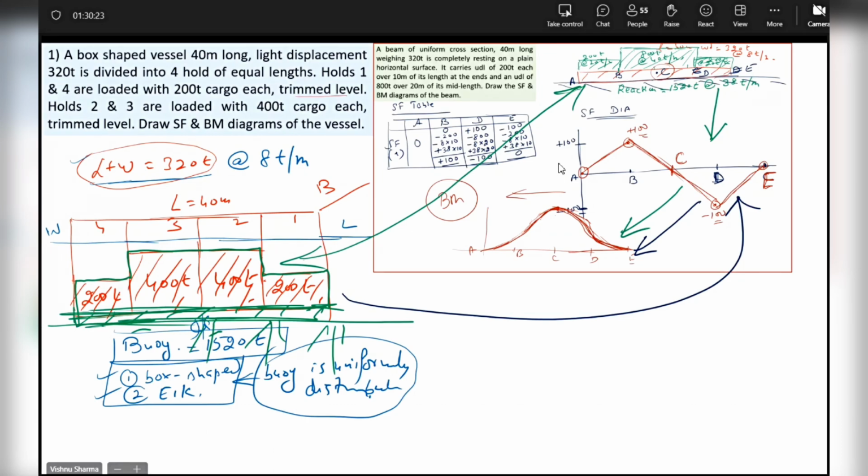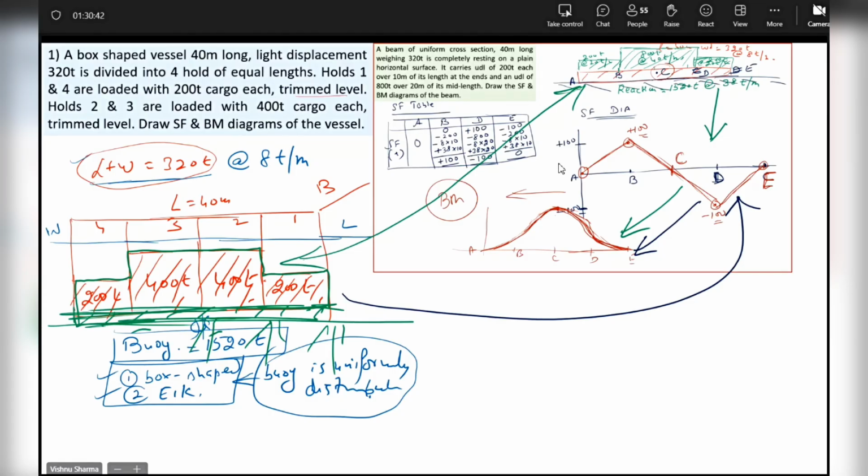Correct? Yes. So guys, every ship, not only box-shaped, every vessel can be represented as a beam and can be solved as a beam.